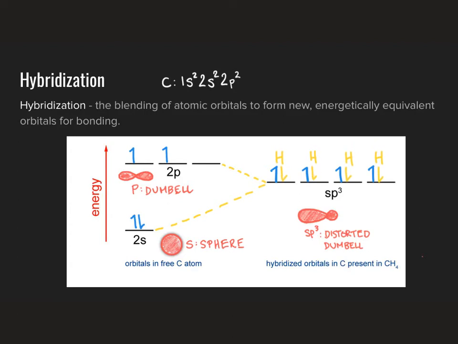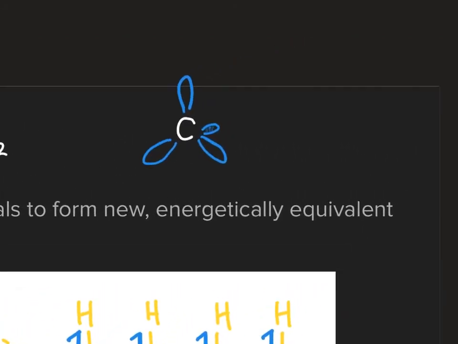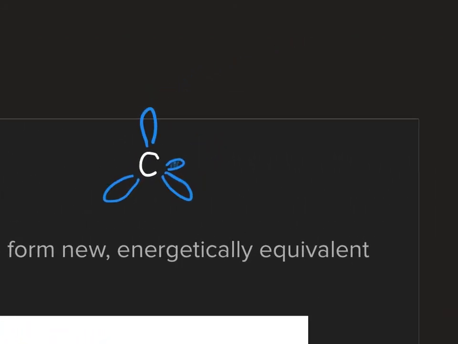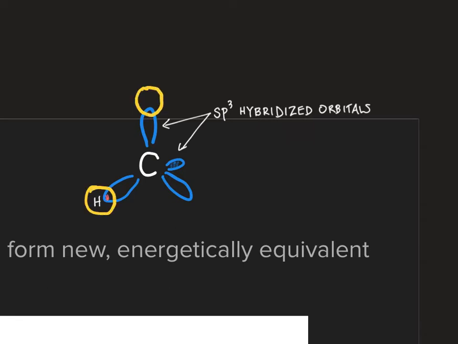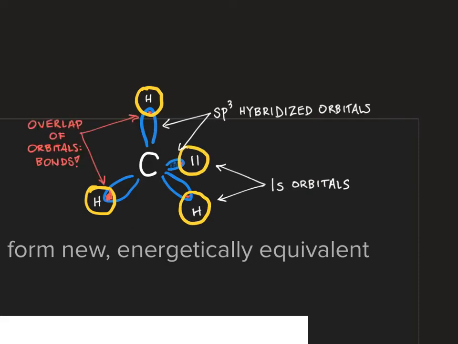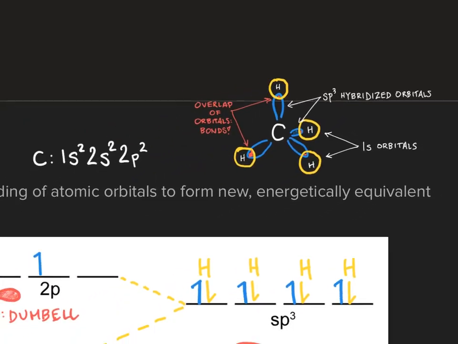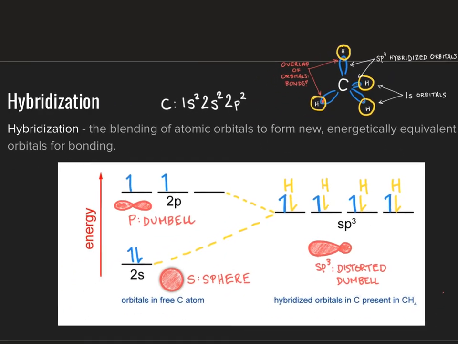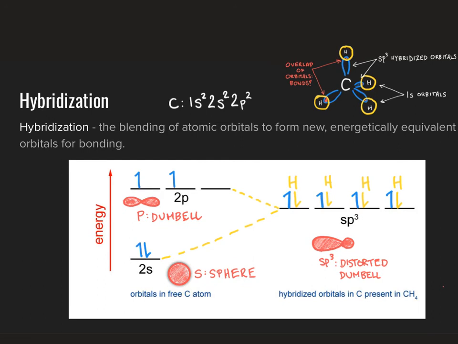So we might imagine now in our methane molecule that we would see the 1s orbital from each of those individual hydrogen atoms overlap with the 4 sp3 hybridized orbitals in order to form a successful bond in each of those cases, giving us the correct geometry and the correct energy equivalent number of orbitals to form the methane molecule.